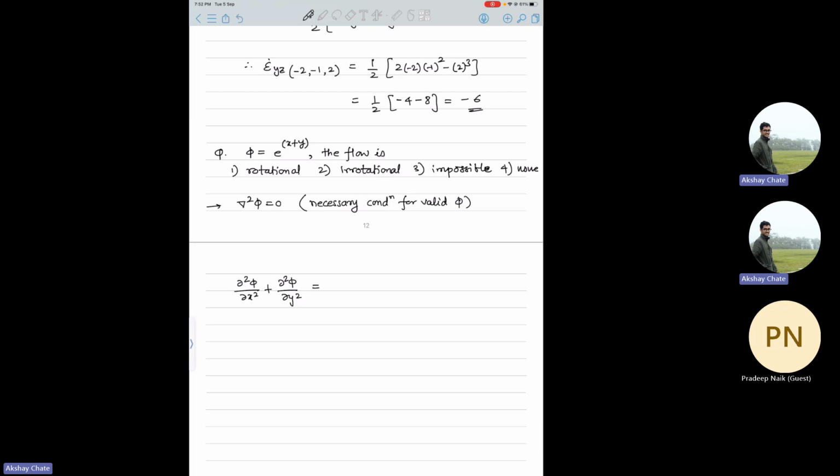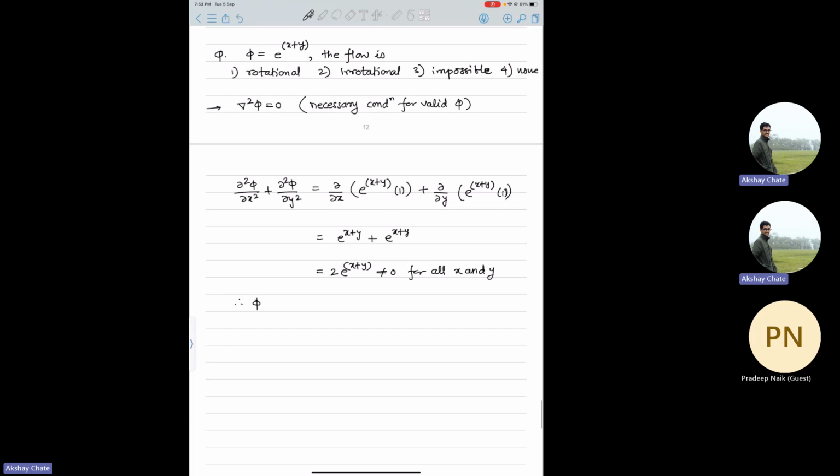So here for our phi, which is e to the power x plus y, what will be the del phi by del x? It will be the same, e to the power x plus y into 1. And the same will come with respect to y also. It will be e to the power x plus y into 1. And if you take one more derivative, same thing. So it is e to the power x plus y plus e to the power x plus y.